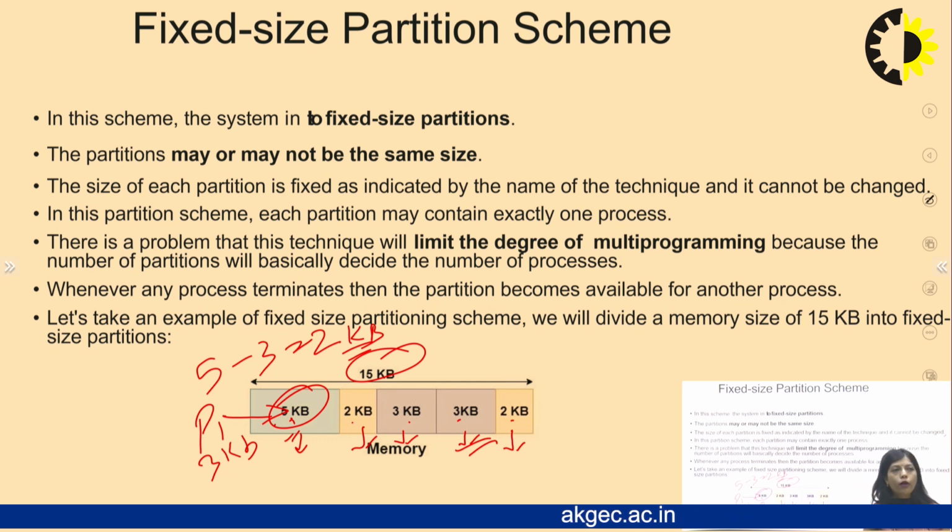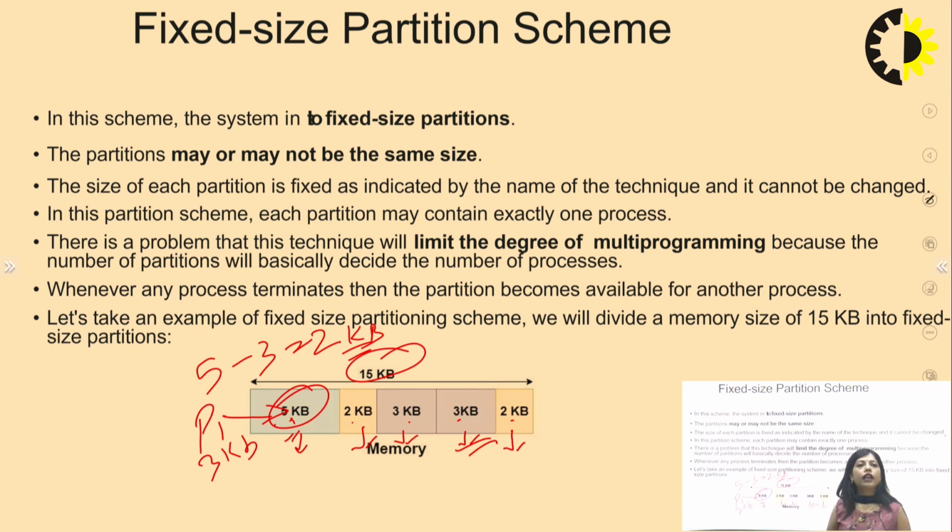There is a problem that this technique limits the degree of multi-programming. How does it limit it? Because if the process size is smaller than the partition size, then part of the partition is wasted.